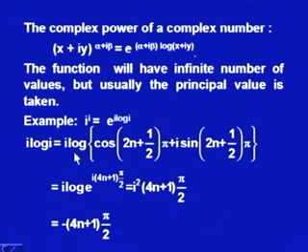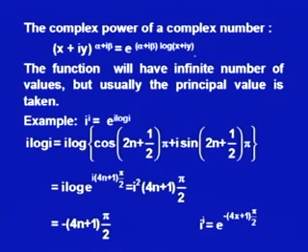Simplifying, taking log, log i is equal to i log of cos(2n + half)pi plus i sin(2n + half)pi. I am writing the general value here and simplifying it, it is e^(i times log e^((4n+1)pi i/2)), and this is simplified as i square (4n + 1) into pi by 2, which can be further simplified to minus (4n + 1) multiplied by pi by 2.